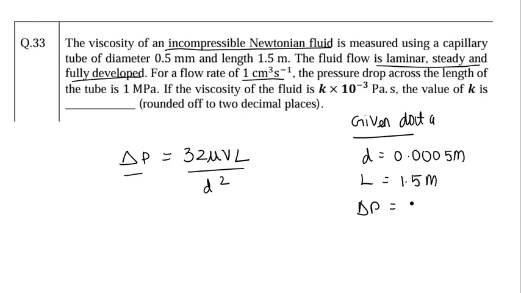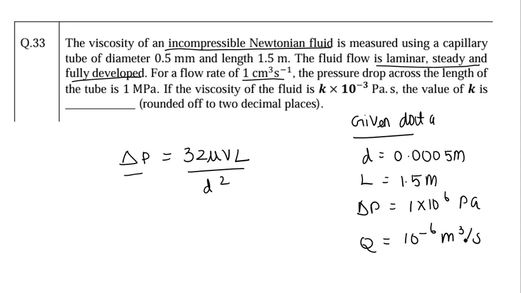How do we convert it? 1 into 10 to the power 6 pascal. Then Q is given as 1 centimeter cube per second. When we convert it to meter cube per second, 1 centimeter cube is equal to 10 to the power minus 6 meter cube. So it is 10 to the power minus 6 meter cube per second.